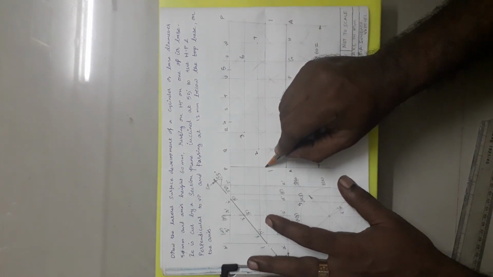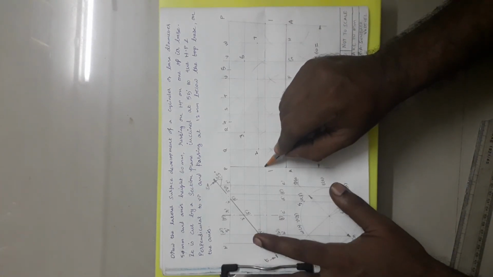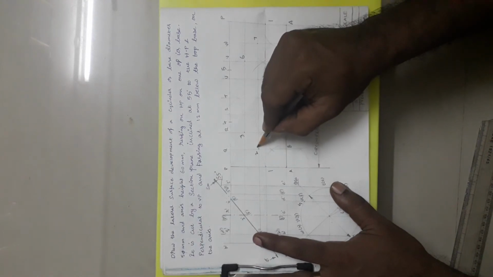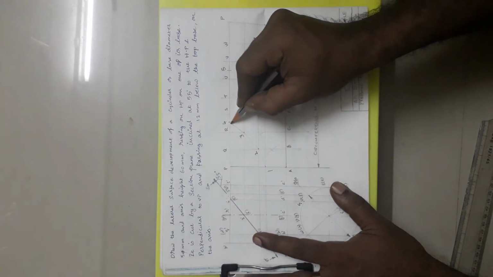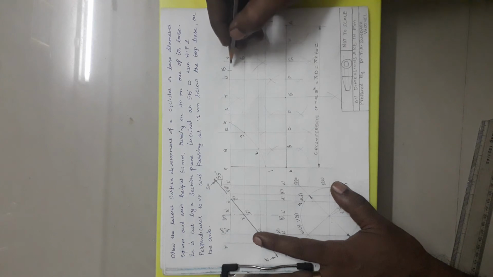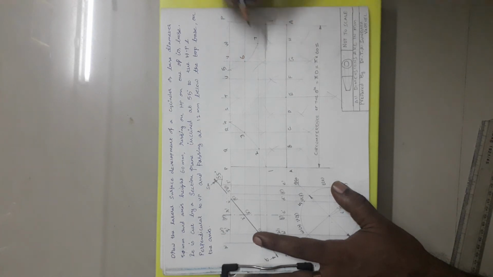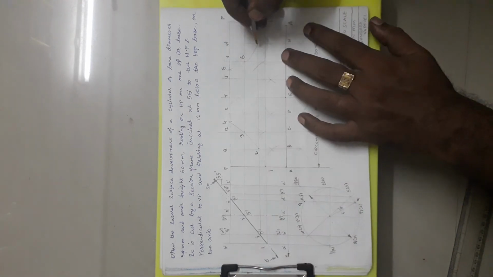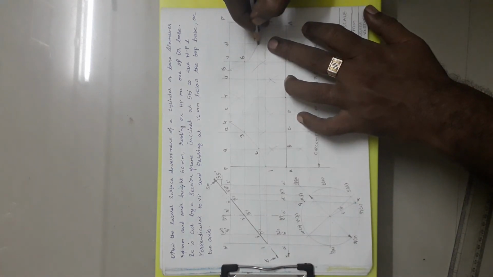Though it is a cylinder, we have to join all these points using curved lines, like this.